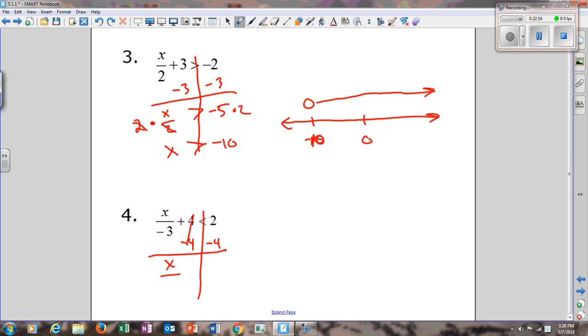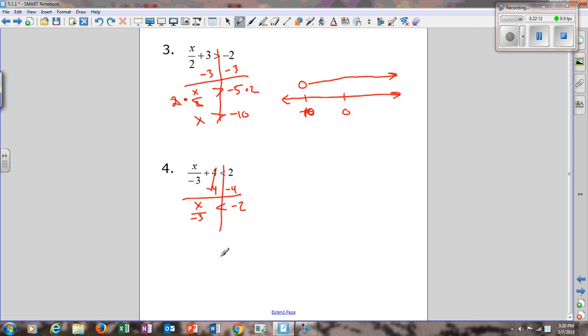That gives you x over negative 3 is less than 2 minus 4, which is negative 2. Multiply both sides by negative 3. Those cancel. Now you multiplied by a negative, which tells you the sign flips, becomes greater than.